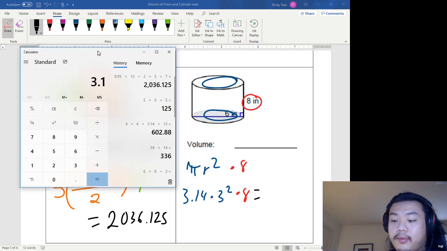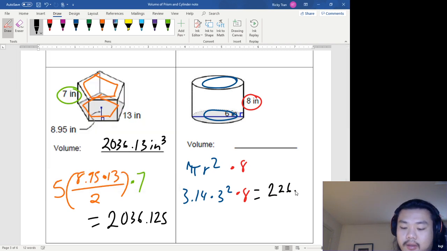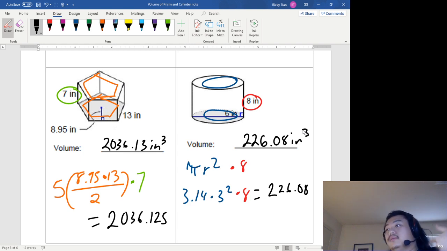So 3.14 times 3 times 3 times 8. 226.08. 226.08 inches cubed. Okay, nice and easy.